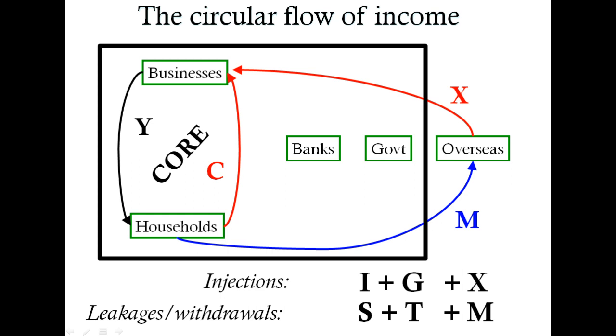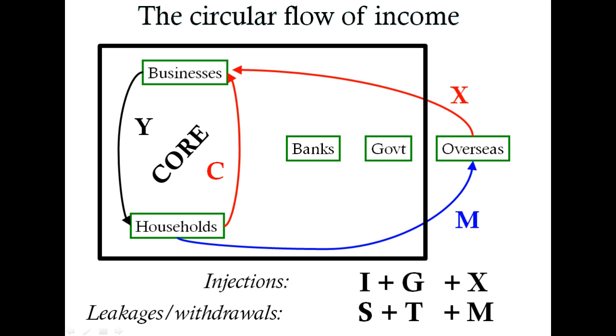So if the investment level equals the savings level, then we have an equilibrium condition. If government expenditure equals taxation, then again the amount withdrawn equals the amount injected back in. And if exports equals imports, then again the amount withdrawn equals the amount injected back in.